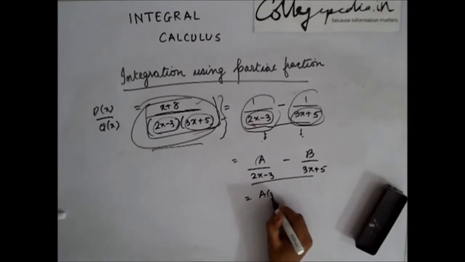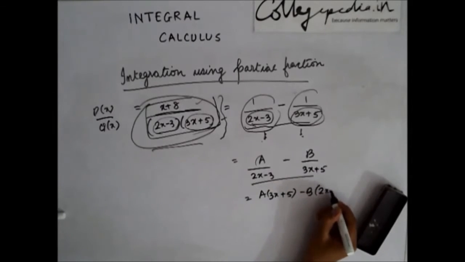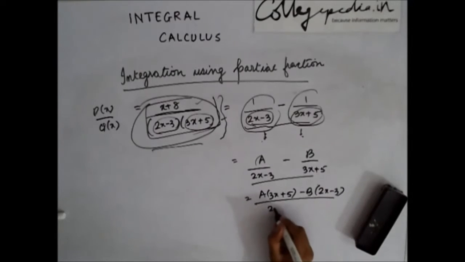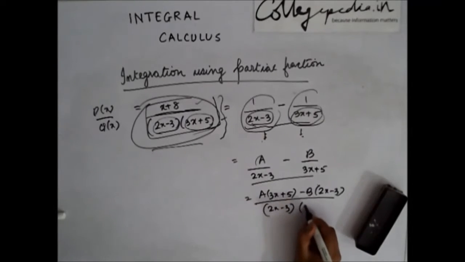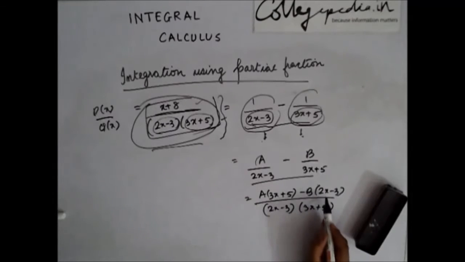If I simplify this, I'll get a into (3x plus 5) minus b into (2x minus 3) divided by (2x minus 3)(3x plus 5). Now what you can do is just put x equals 3 by 2. Now when you put x equals 3 by 2, what happens?